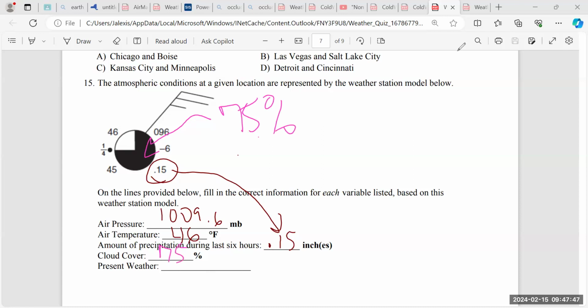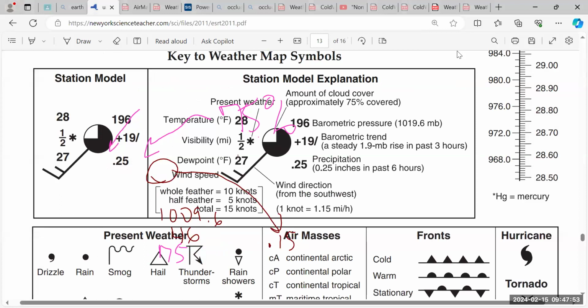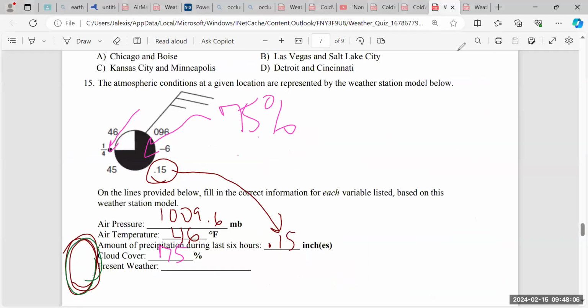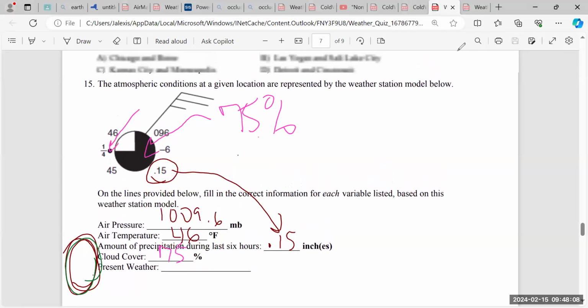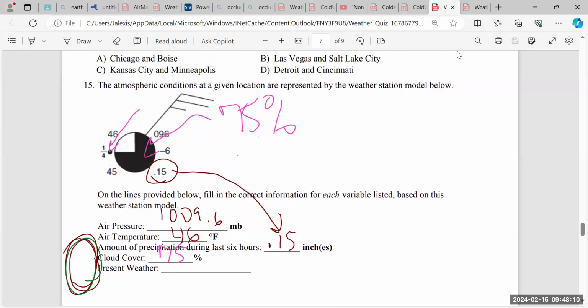And the present weather, which is this dot, when I look at the reference tables, I see that the dot means that it is rain. So when I go back, the present weather is, everybody, rain.